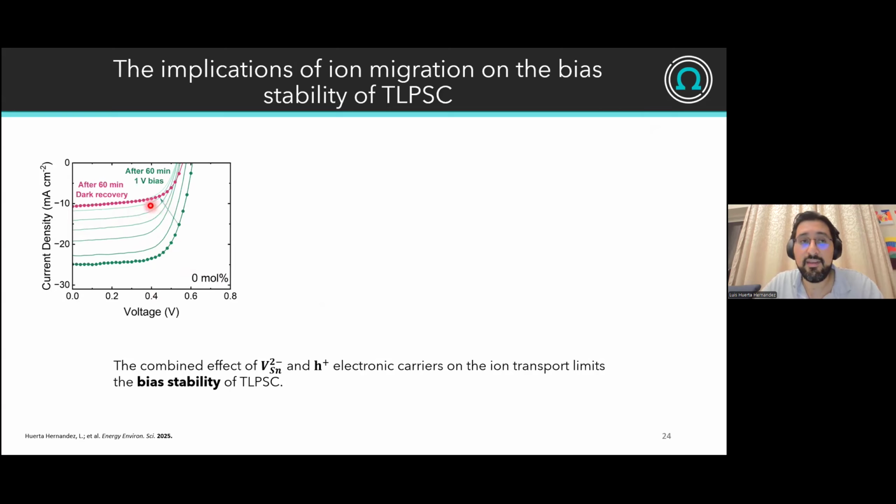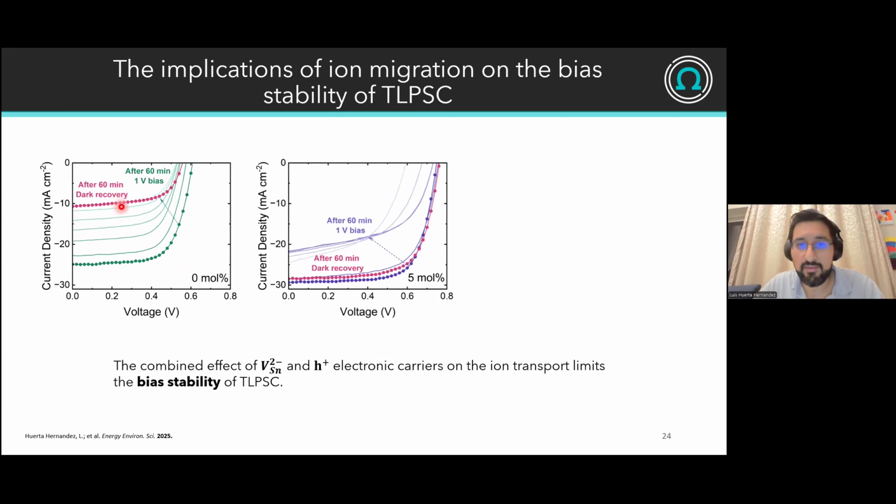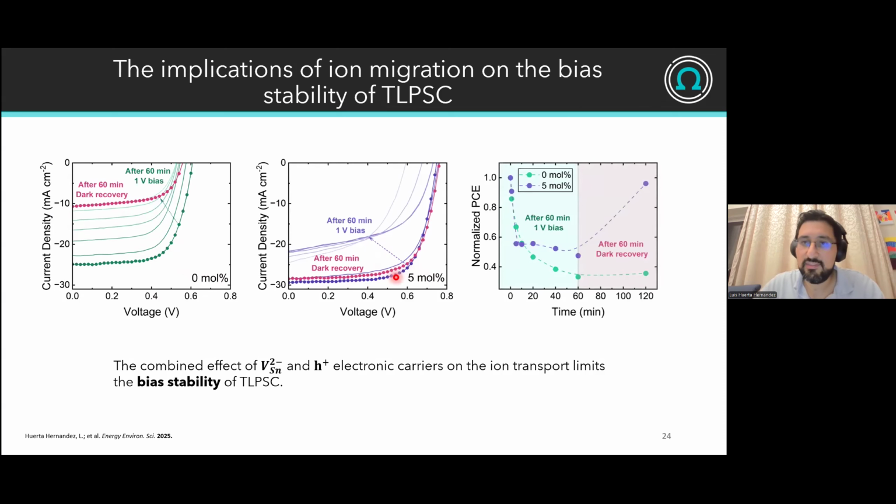And importantly, after recovering the device for 60 minutes, we do not see any recovery of the efficiency. However, when you have 5 mole % tin fluoride, we also see a decrease in the efficiency, a bit less. But the interesting thing is that this device can recover almost to the initial efficiency after 60 minutes of recovery, which is summarized in this figure.